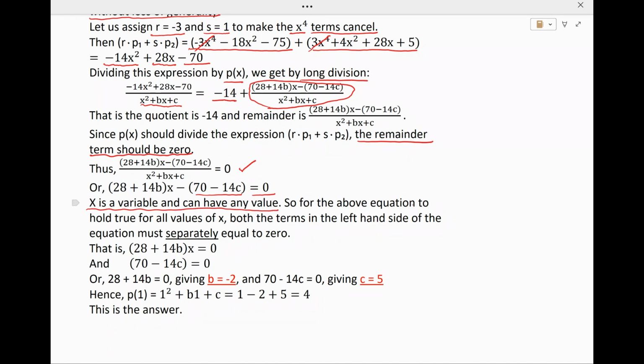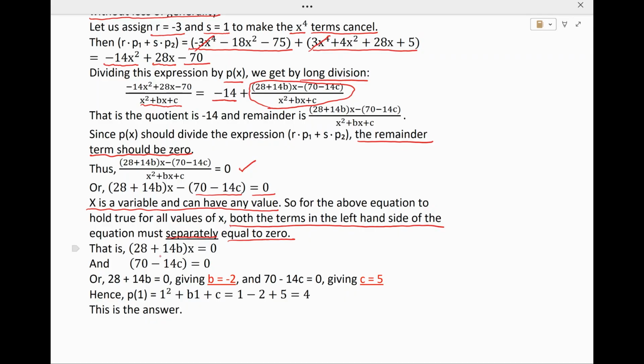So, for the equation to hold true for all values of x, both the terms on the left-hand side must separately be equal to 0. That means (28 + 14b)x will be 0 for all values of x, and 70 - 14c also will be 0.